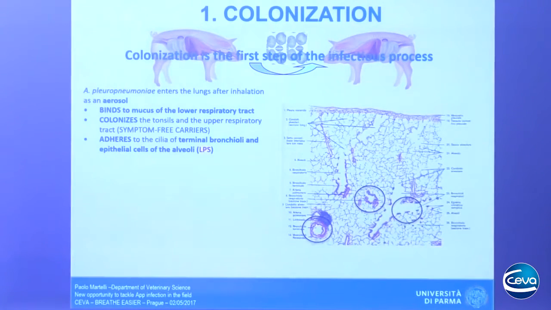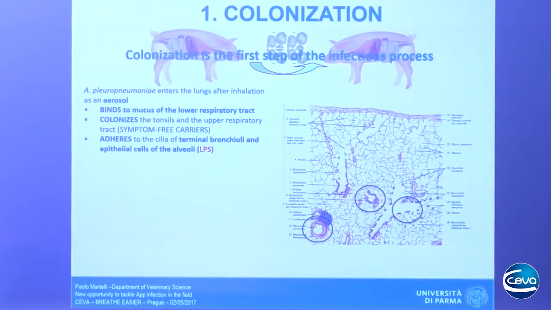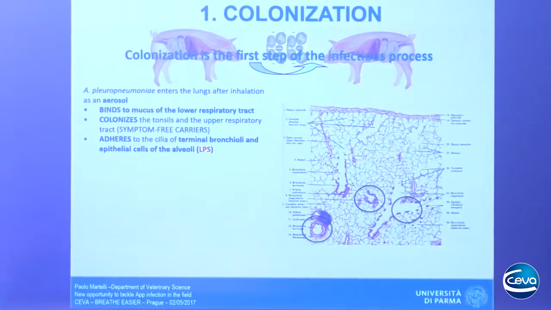After that, we have the inhalation of the microorganism by the aerosol, and then the binding to the mucus of the lower respiratory tract, the colonization of this area, also of the upper respiratory tract, and the adherence to the bronchioli and the epithelial cells of the alveoli.